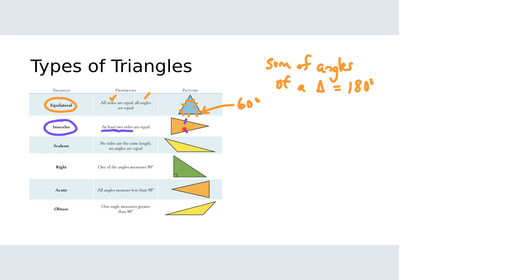We can talk about it more if we need to, but at least two sides are equal. That's an isosceles triangle. And so far, we've talked about the idea that all of the sides are equal, at least two of the sides are equal. The only thing left as far as the sides are concerned is none of the sides are equal, and that's called scalene, when none of the sides are the same length.